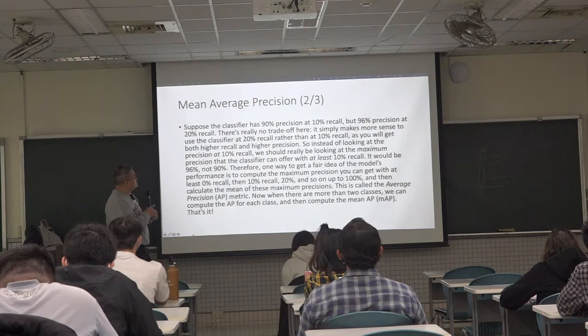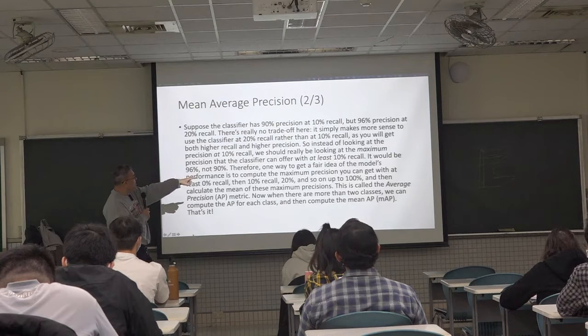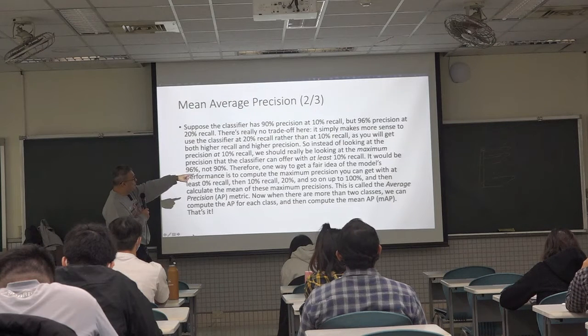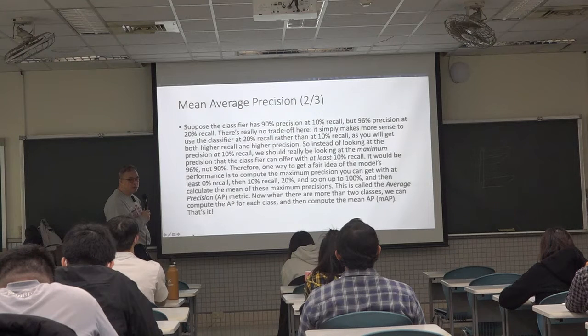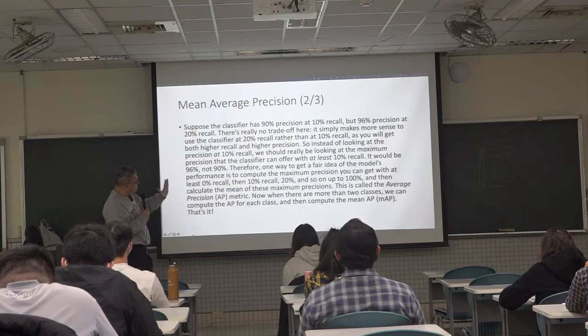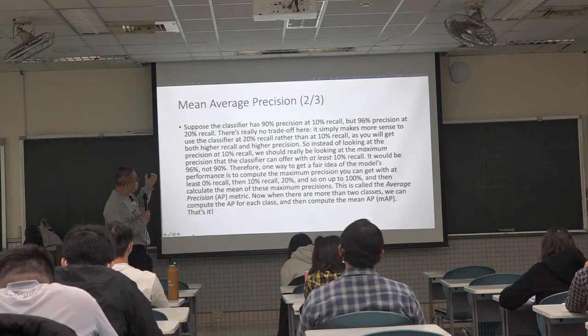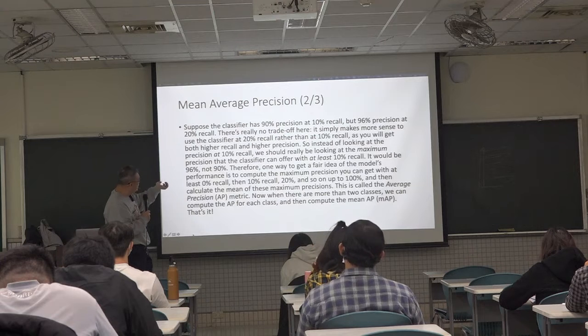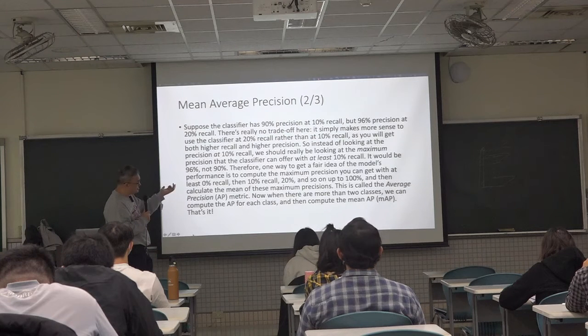So instead of looking at the precision at 10% recall, we should really be looking at the maximum precision that the classifier can offer with at least 10% recall. What is the maximum precision your model can offer?